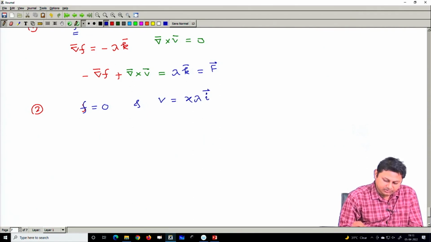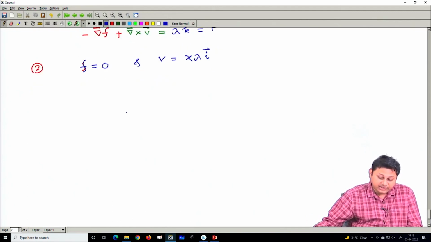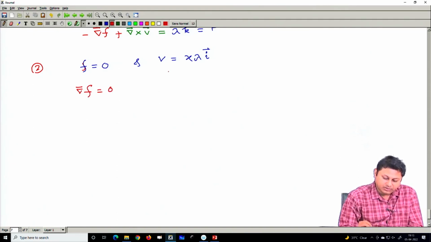This is my choice: f equal to 0. Should they produce the same vector field? So f equal to 0 simply gives me the gradient of f equal to 0. What about v? The curl of v I need to calculate.